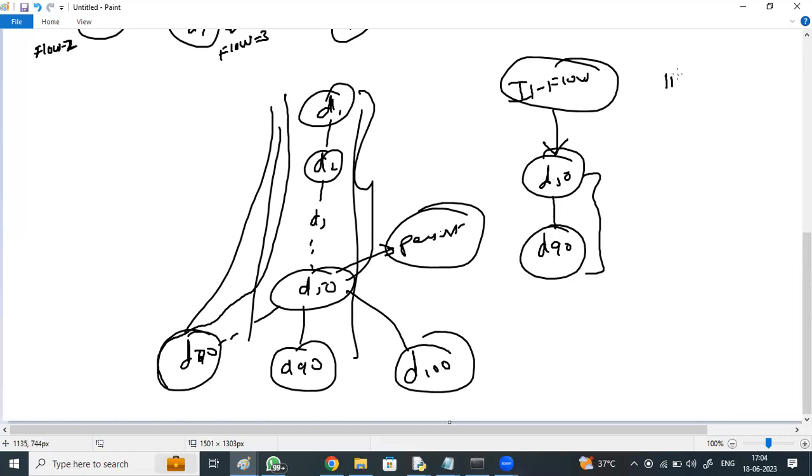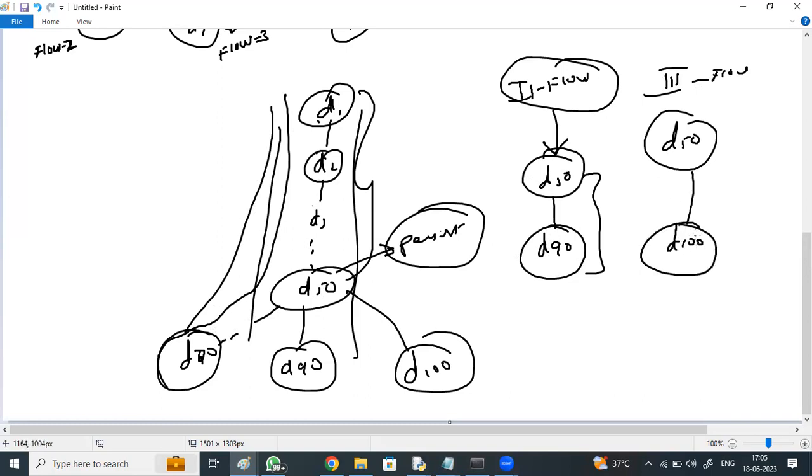The third flow can also reuse it, but the first flow has to be executed first. Without executing the first flow, this is not possible. Once the first flow is executed, the third flow goes directly from D50 to D100.